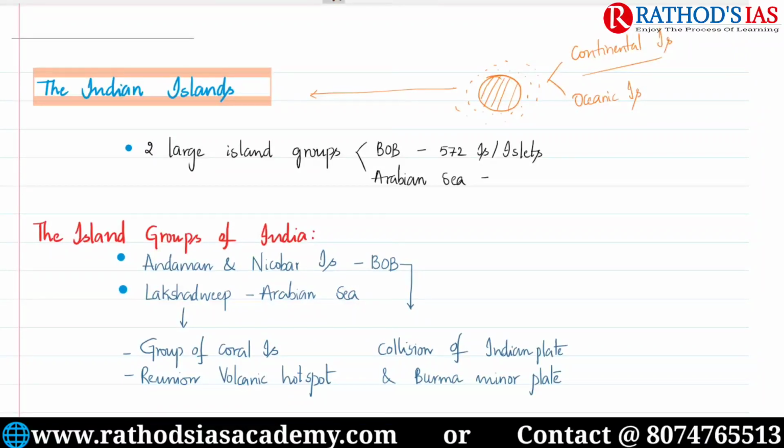Continental islands were formerly part of the mainland. Earlier they were part of the mainland, but now this part has been detached. Why did it detach? Because of a shallow lagoon or a deep channel, because of the increasing sea level, which is a problem we are now facing, and because of submerging of low-lying areas.